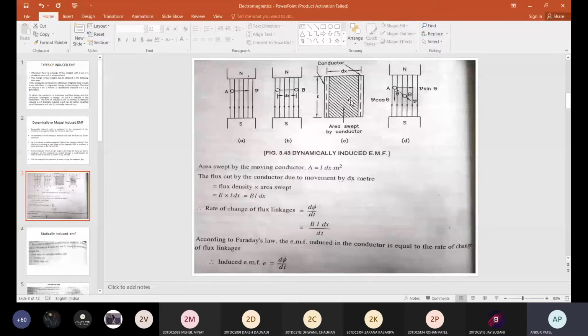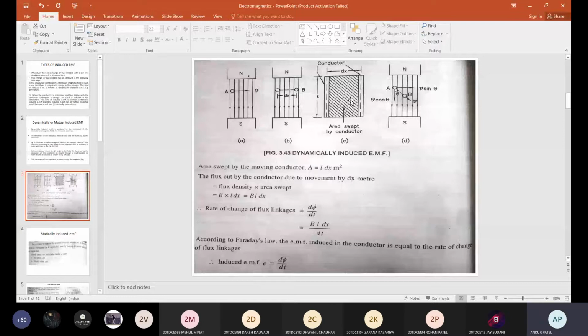This L is the length of the conductor, and this dx is the distance traveled by the conductor, which cuts the flux accordingly. So here can you see the v sin theta and v cos theta components?